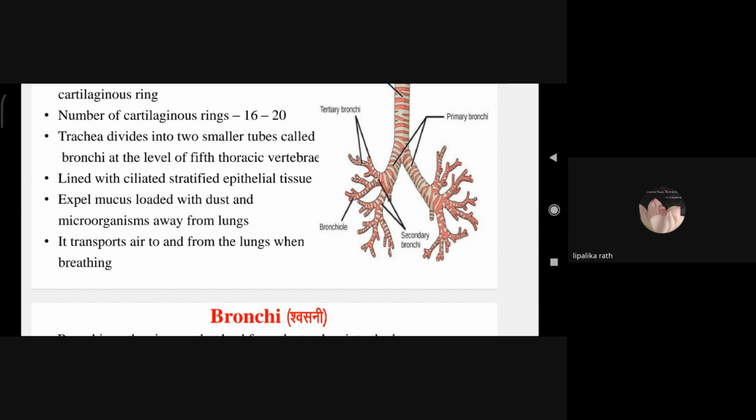It expels mucus loaded with dust and microorganisms away from the lungs. So if anything unwanted enters the windpipe or the pathway of air, it either produces mucus, or it will cough out, expelling the unwanted material. This is a very beautiful mechanism of the body.